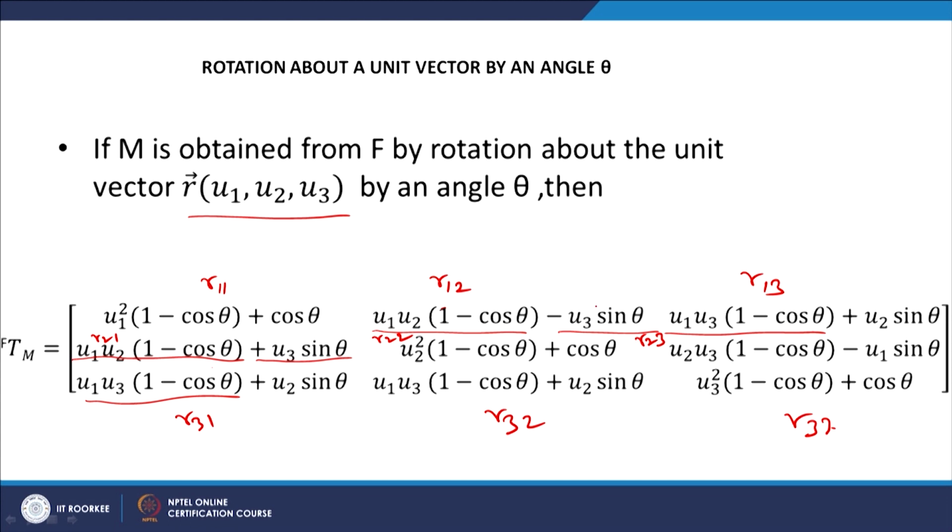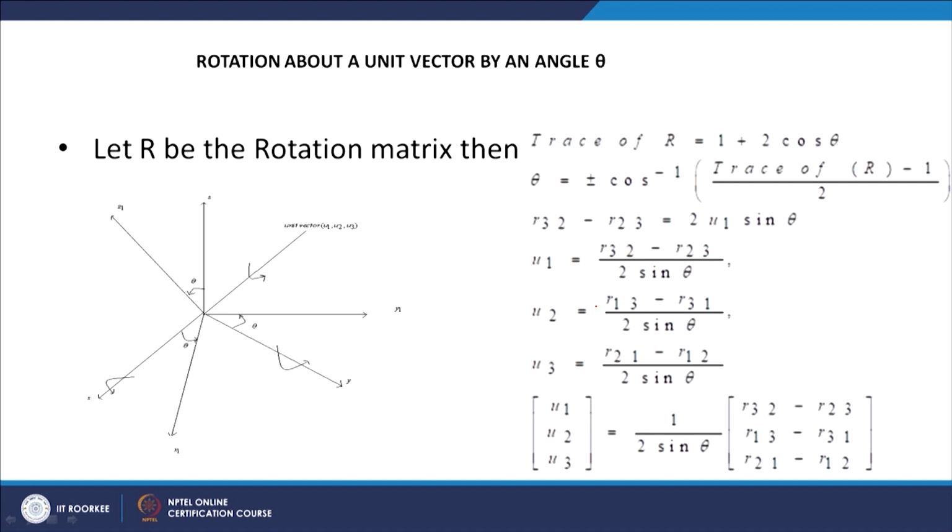The other two terms will get cancelled. So we will get these values from here. For example, R21 minus R12 divided by 2 sin theta will give the u3 value. Similarly, R13 minus R31 divided by 2 sin theta will give u2 etc. So from the three we get u1, u2, u3, the vector can be obtained, and how much angle is rotated is obtained from the trace.